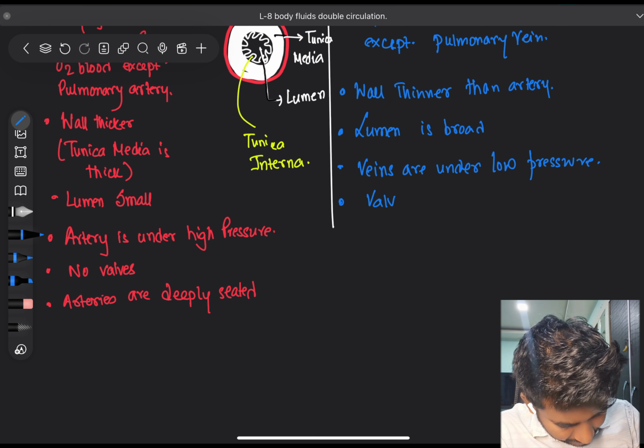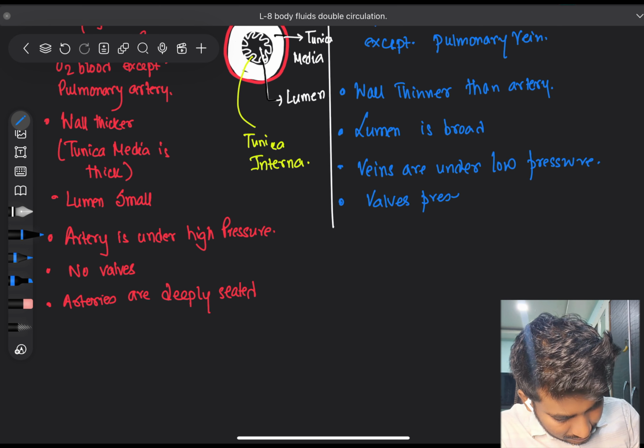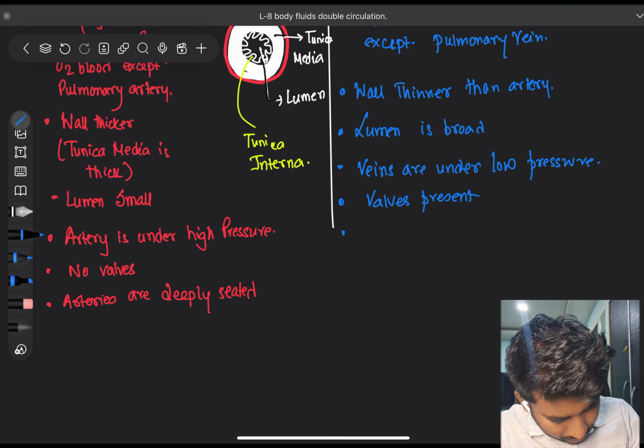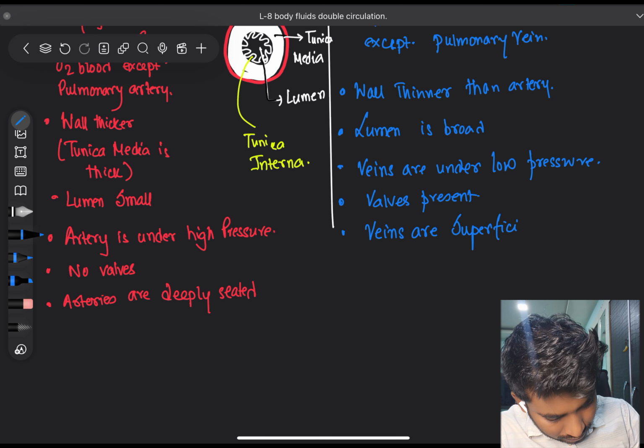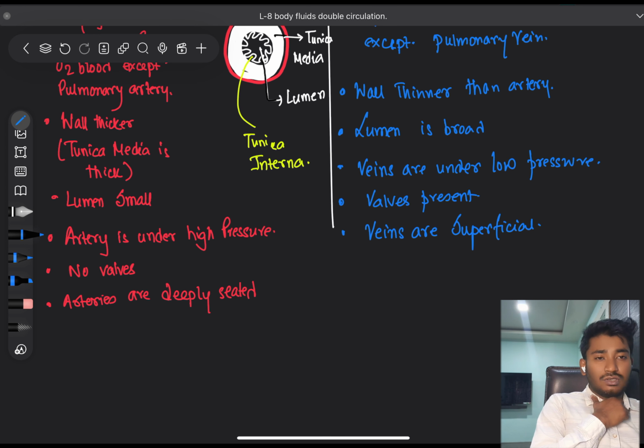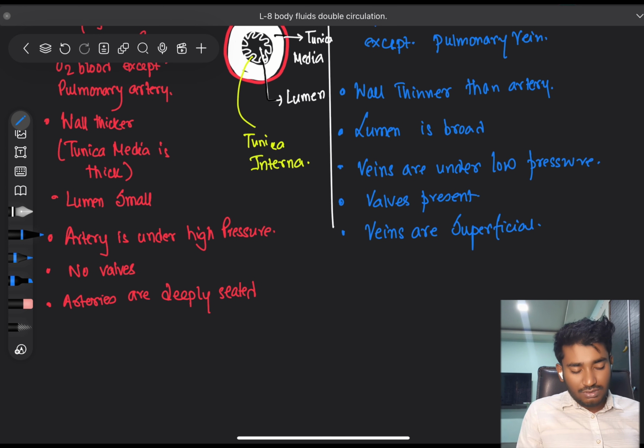Next, valves are present. Next, veins are superficial. Okay, now to the next topic.